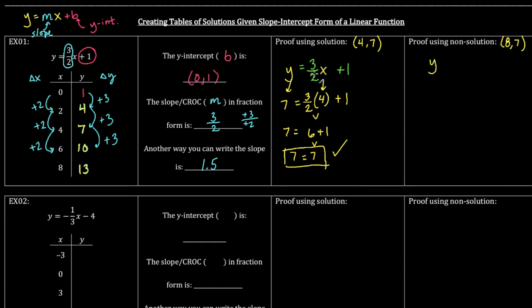Y equals 3 over 2x plus 1, and the x in this case will be 8, and the y will be 7.